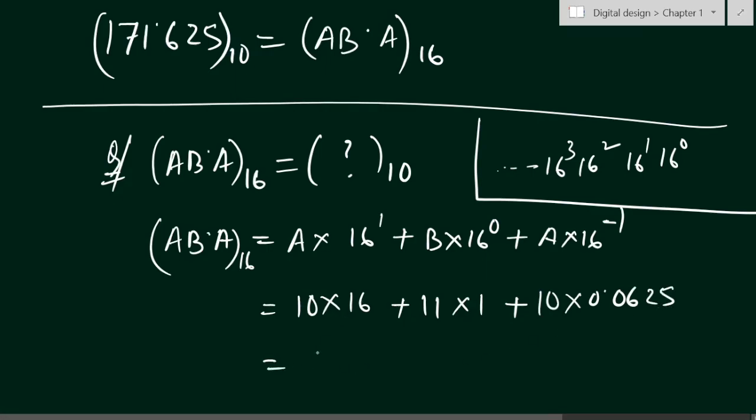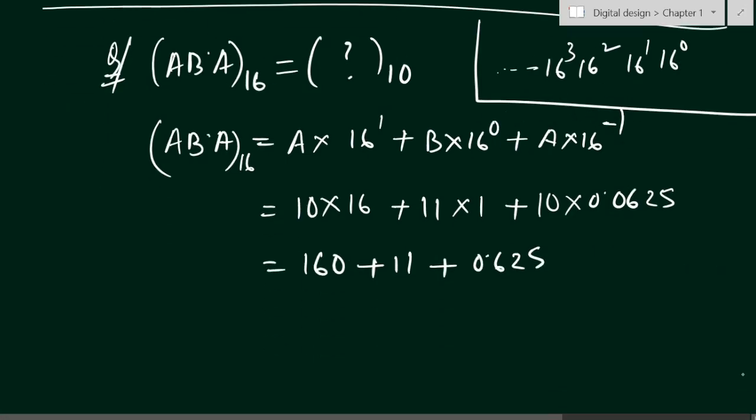So here you can see it is 160 plus 11 plus this number 0.625. What will be the answer? Here we'll have 160 plus 11, which is 171, point, and after the decimal 625. So this is the decimal equivalent.